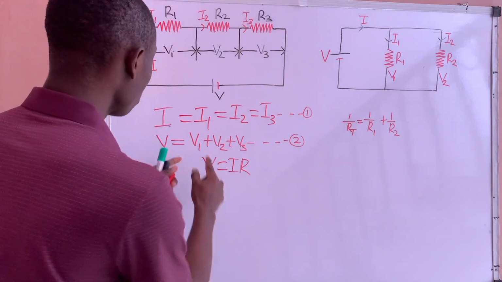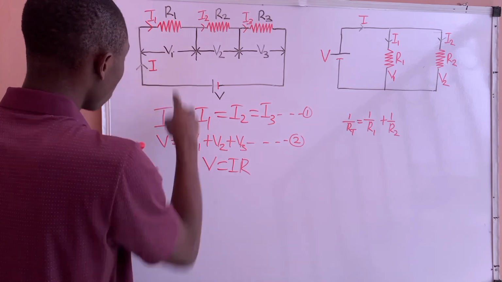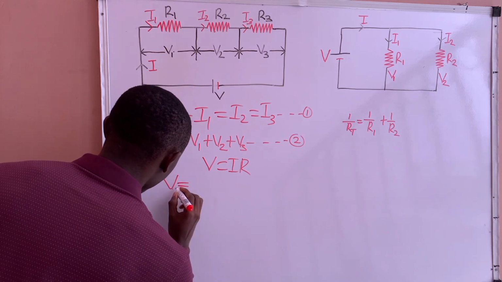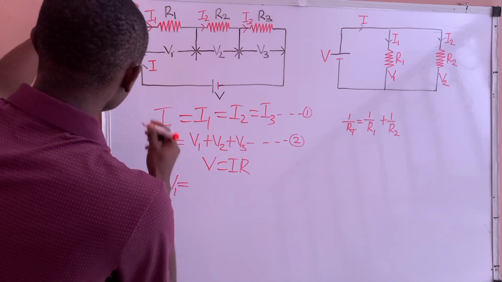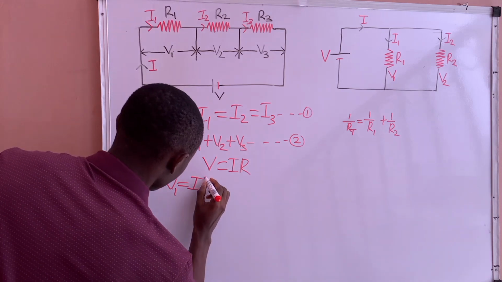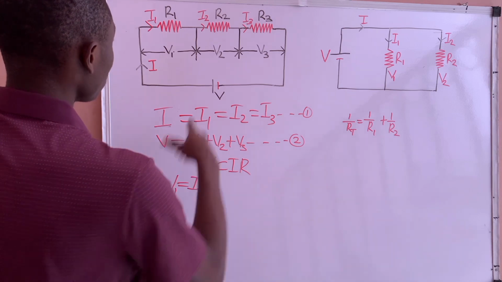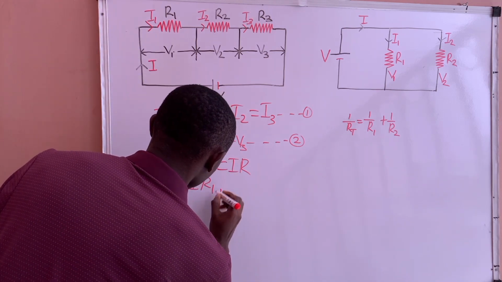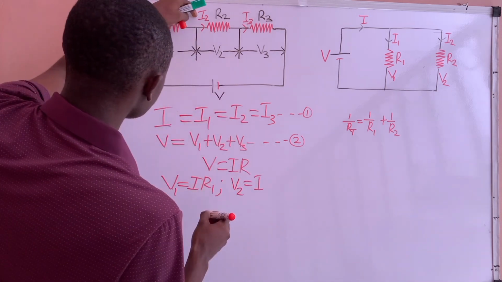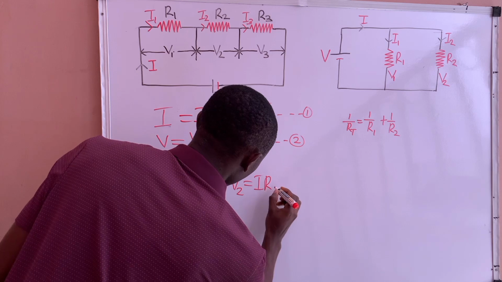With respect to Ohm's law, the voltage that will drop across R1 will be V1, which is I multiplied by R1. The voltage that will drop across R2 will be V2, which is equal to I2, which is the same thing as I, multiplied by R2.